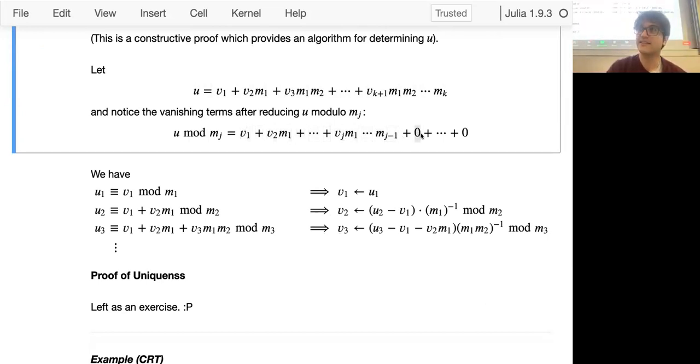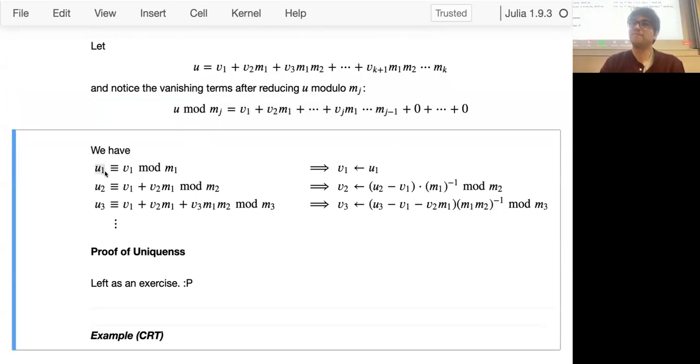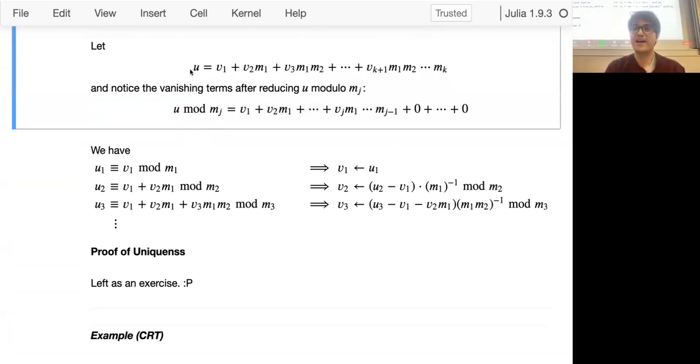That's why it went to 0. Does that make sense? So every time I take u and I mod it by one of these m's, you get a predictable number of non-zero terms. Okay. So what does that mean about u1? If I take u and I mod out by m1, what's left?